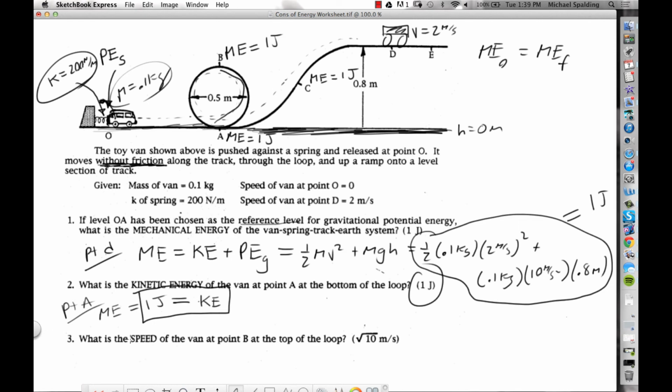All right, number 3. What's the speed of the van at point B? Focusing on point B, what's the mechanical energy at point B? 1 joule. Well, what's that equal to at point B? As the van is upside down right there, what type of energy does this upside down van have?